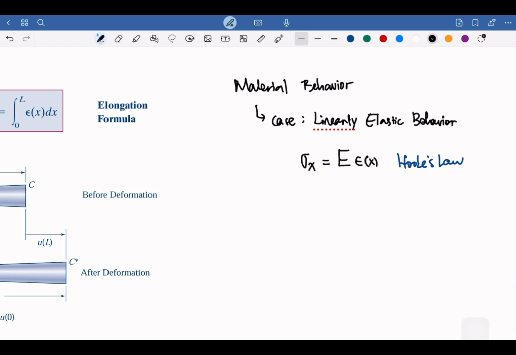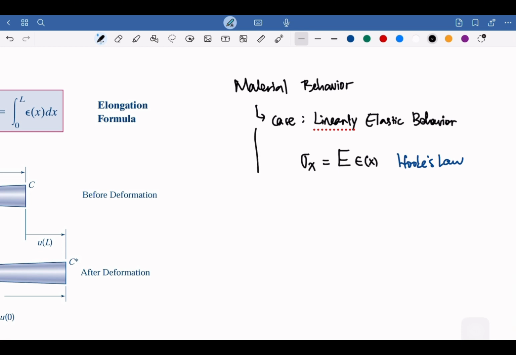There will be some subtopics on what happens if there is nonlinear behavior, but I will skip that part. We are only going to focus on the linear elastic behavior, so your case will be simplified and modeled very clearly.